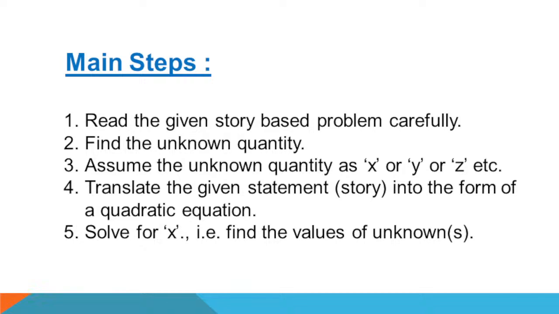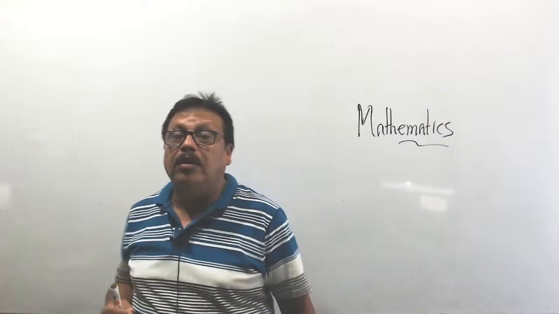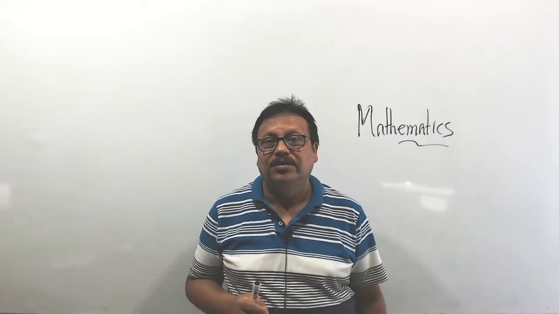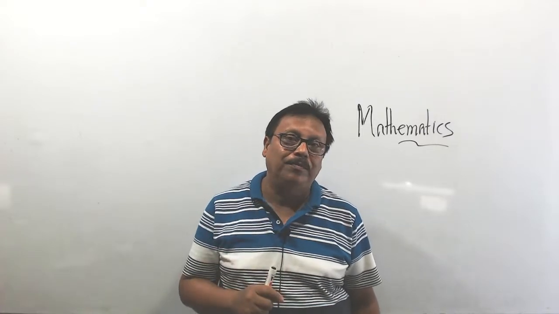We will assume the unknowns, right? And translate the given statement story into the form of quadratic equation. This is important. And last, solve for x, that is, you have to find the values or value of x. These steps we have to follow for each problem.